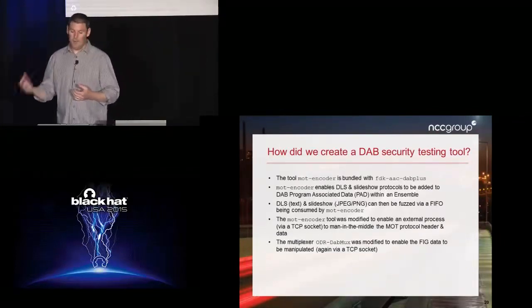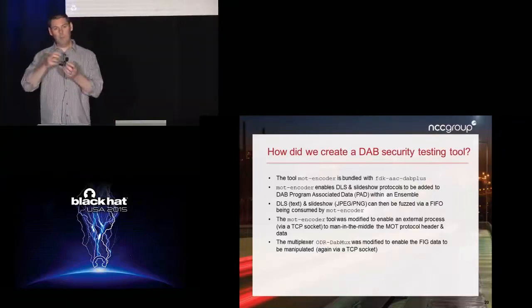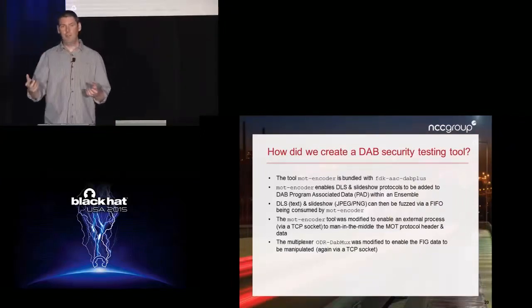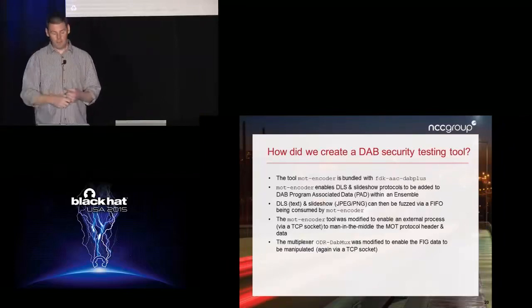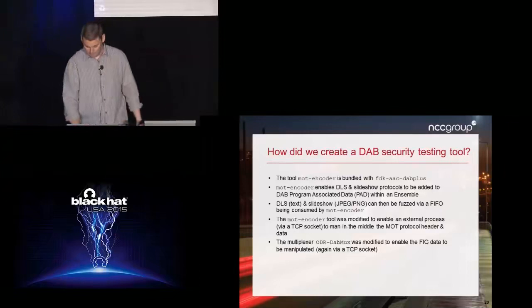The ODR DAB-MUX open source product was modified in a similar way. At the appropriate point within the software, the data stream was siphoned off via a TCP socket to a separate manipulator that modified that data based on a whole bunch of fuzz cases.